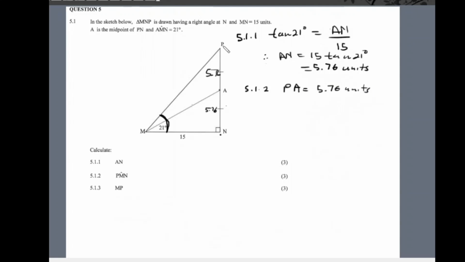Therefore the side PN is equal to 5.76 units plus 5.76 units, right?